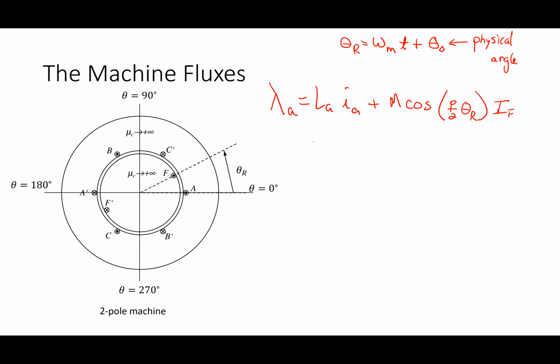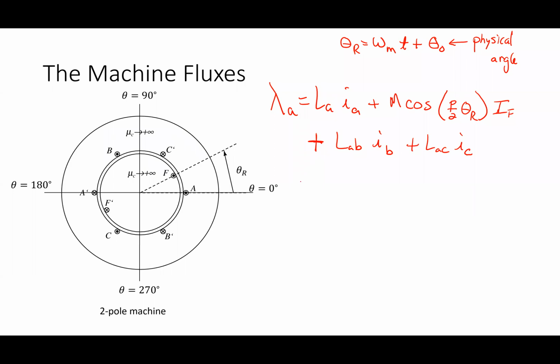Now, what about LAB here? So we'll write out LAB IB plus LAC IC. All right. Basically, if you look at where B is, relative to A, what's the rotation there between A and B? 120 degrees.